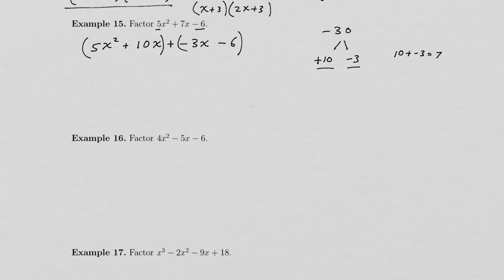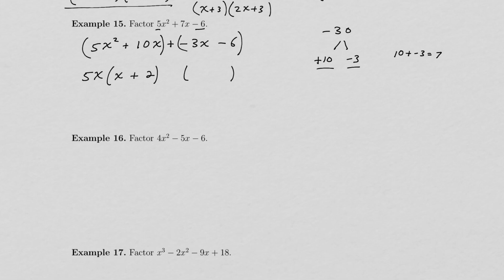And now we do what we normally do, right? I look at the first group. Is there something I can factor out that's common to both terms? Yeah, it looks like a 5x is common to both terms. So I can pull out a 5x, and I'm left with x plus 2. Now, I like to be left with an x plus 2 for the second grouping. Is there something I can pull out?